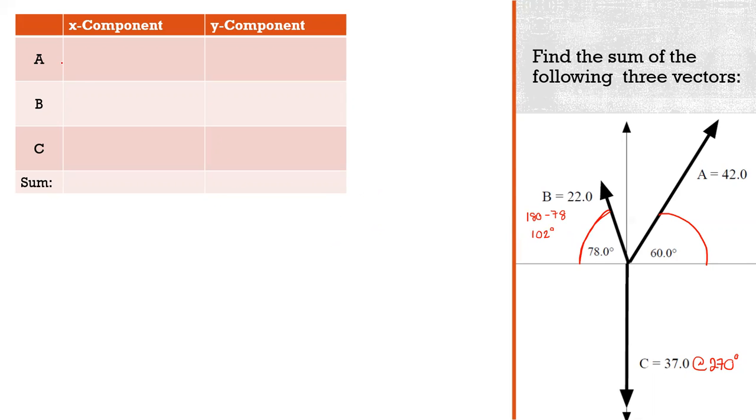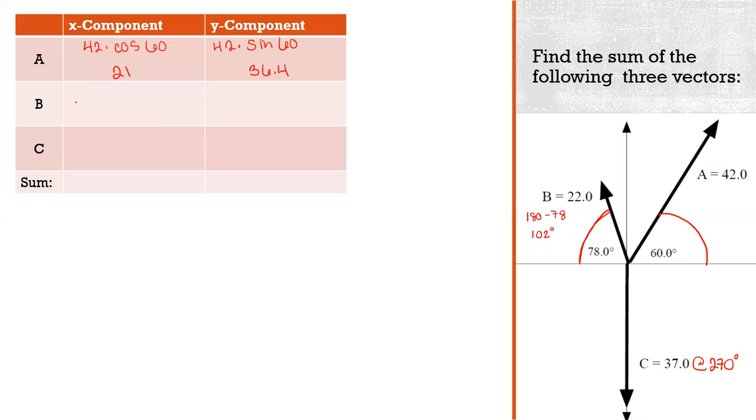So let's figure out our components. For vector A, we have 42 times the cosine of 60, and then 42 times the sine of 60. Putting those 2 in your calculator, you will find that vector A has an x component of 21 and a y component of 36.4.